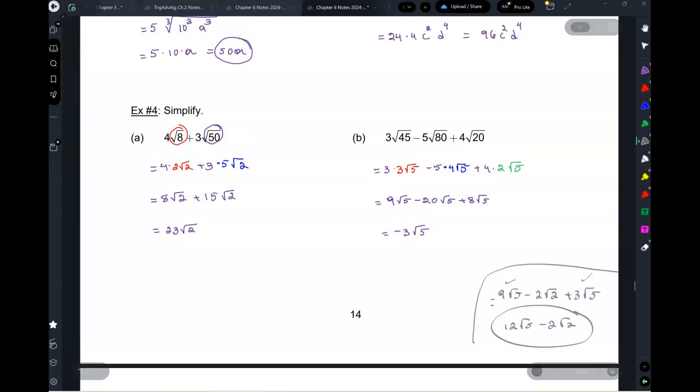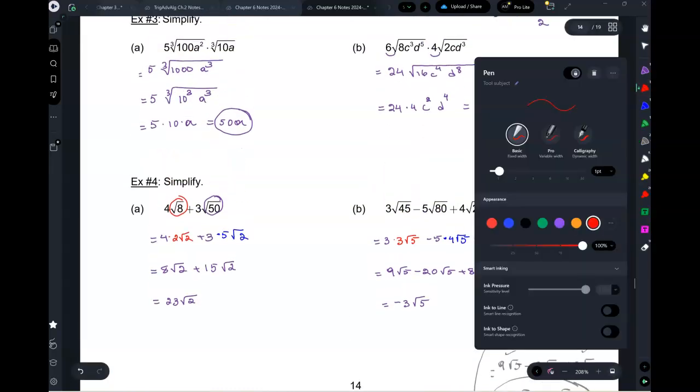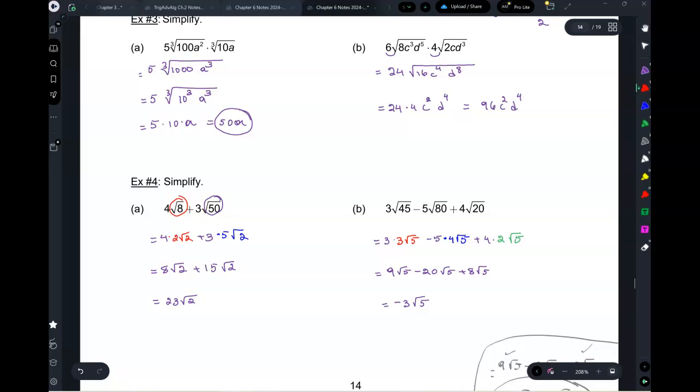These ones? Like the 80 or the 45, right? The for sure way is this, so it's 3 root 5. But I also think to myself, does 45 have a factor that's a perfect square? Yeah, 9. 9 times 5. 9 is a perfect square, right? So root 45 is root 9 times 5, and then the 9 comes out as 3 root 5.